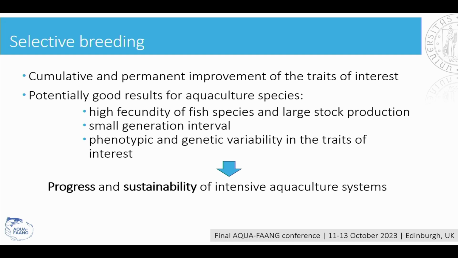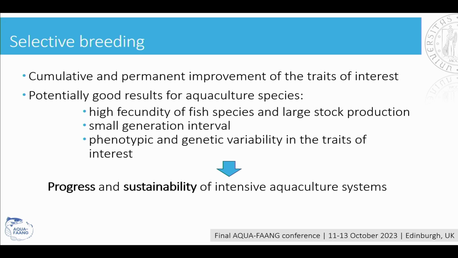And why selective breeding could be really powerful for aquaculture species is because aquaculture species have some features that are very peculiar to those species. We have high fecundity of fish species with large stock production.